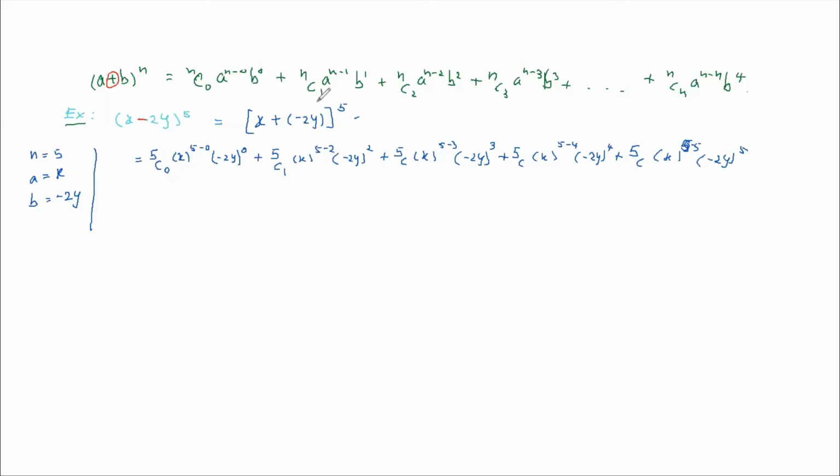I can correct it, or maybe I can delete it. This one becomes 5 minus 1. I'll delete all and start again from here. Okay, I'm missing one here.